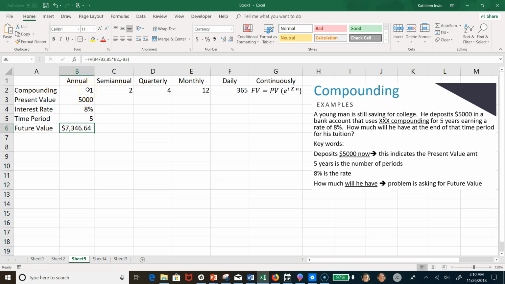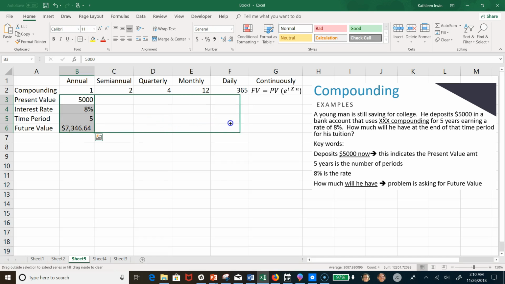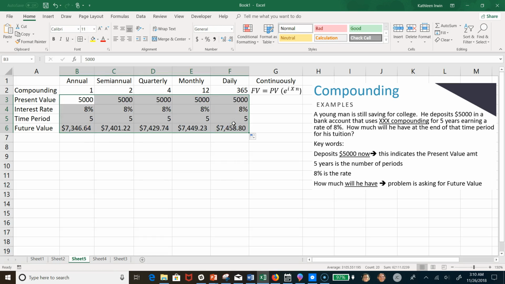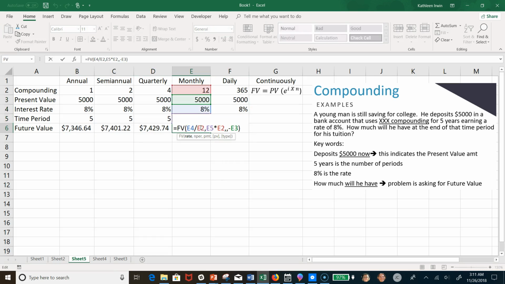So what we need to actually do is select all of these cells right here, and we want to copy them over to all of our other cells. And that's going to give us all of our answers all the way over. So if we double click on one of these cells, we can see that we're still pulling from the correct cells.